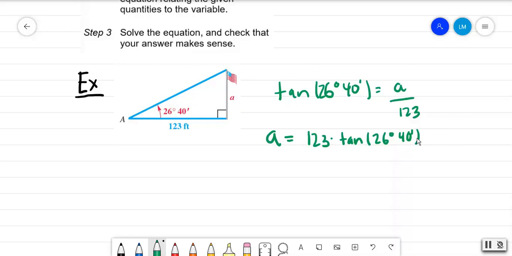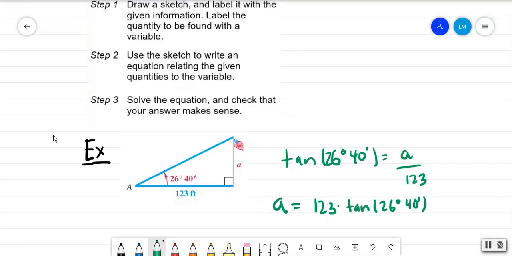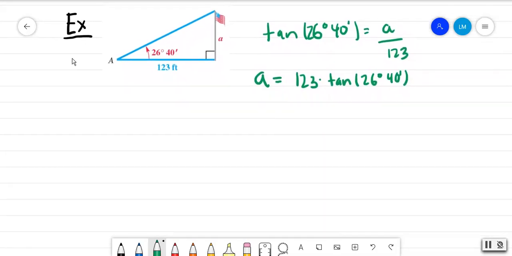If you're wondering what the whole point of this was, well, this is for the case that it's a word problem, and here we already have our information labeled. So we're just analyzing the diagram and putting it all together, but you can start from scratch if you have a word problem.